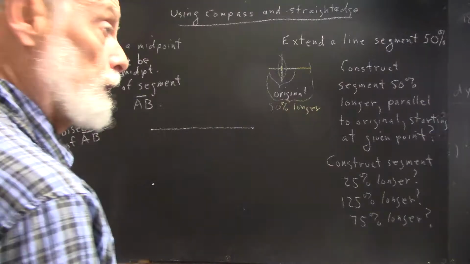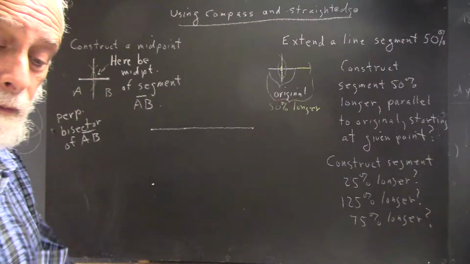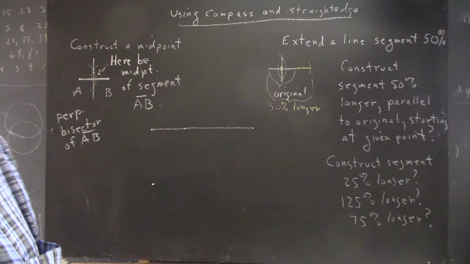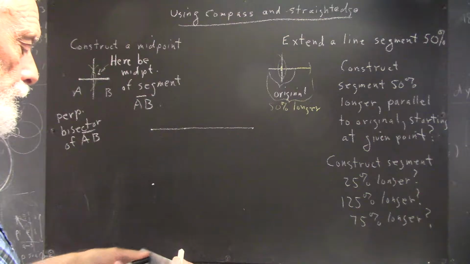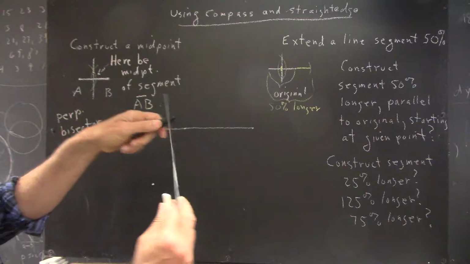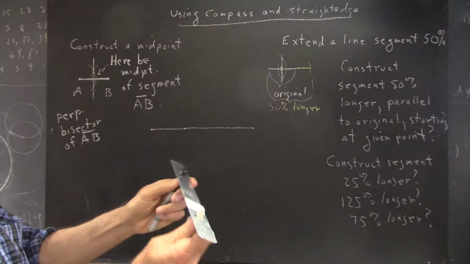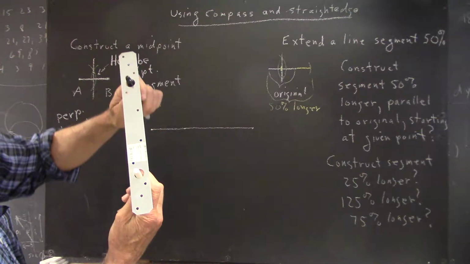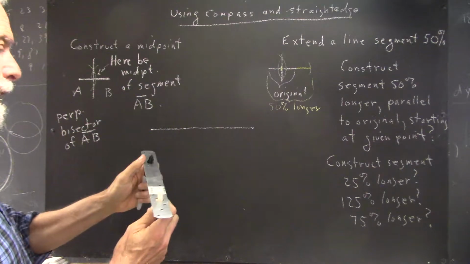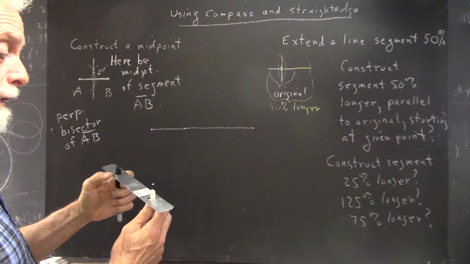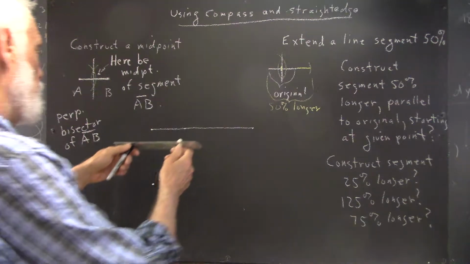Okay, well, first thing I do is I do the same thing I did over here. Now my compass is too short to do this, so I'm adapting my straight edge, which fortunately has some holes in it. I have a Sharpie through one hole, and I'm going to put the chalk through another hole so that when I rotate this around, the chalk, assuming I can keep the point of the Sharpie in a constant position, should trace the arc of a circle.